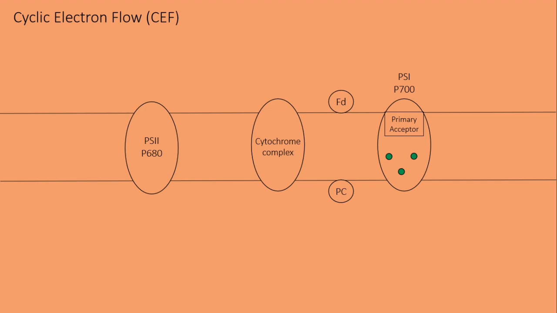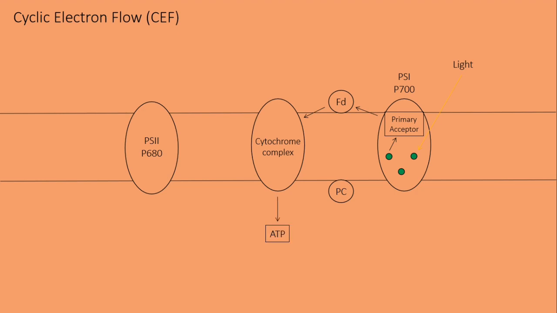Next is the second process in light reaction, the cyclic electron flow. What will happen here is light will strike and make the electrons excited all the way to the primary acceptor and go back to the peripheral protein called ferredoxin. Next, they will go to the cytochrome complex and produce ATP.